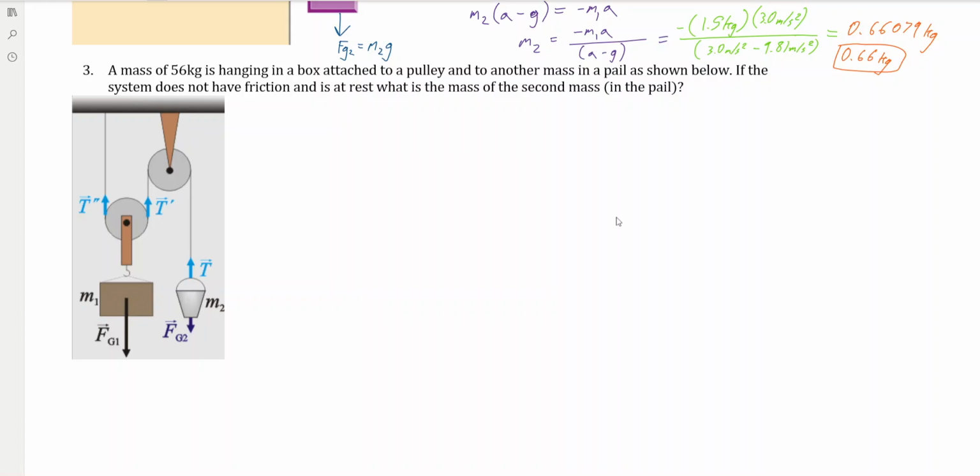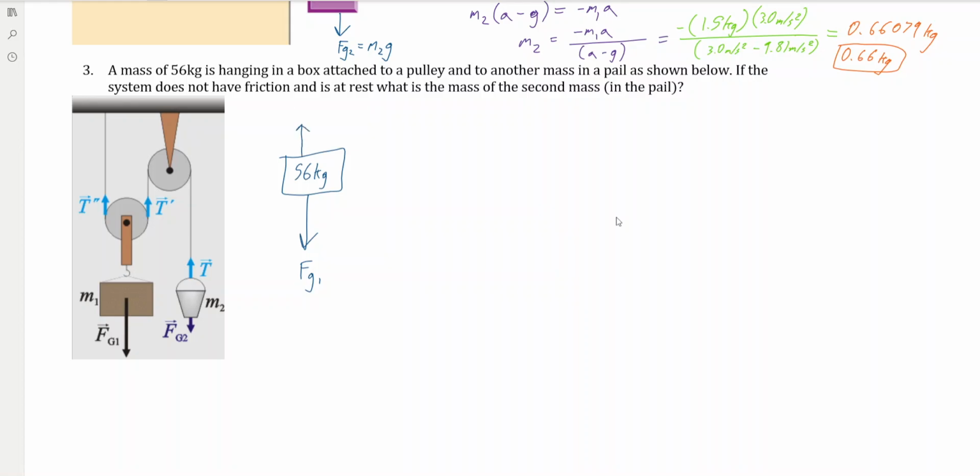Okay, so there's some complicated things going on, but first let's take a look at our first mass. So our first mass is 56 kilograms hanging in the box, and it's got the force of gravity down, so I'm going to call it G1, and then we've got two things.